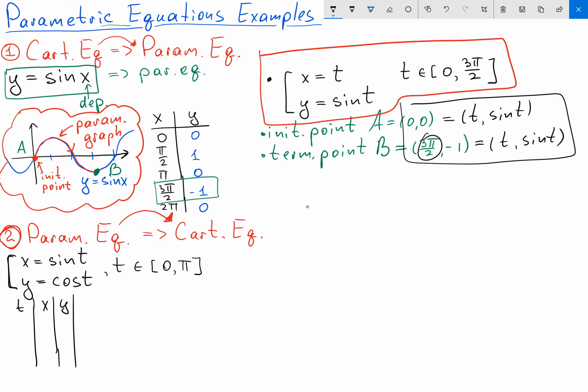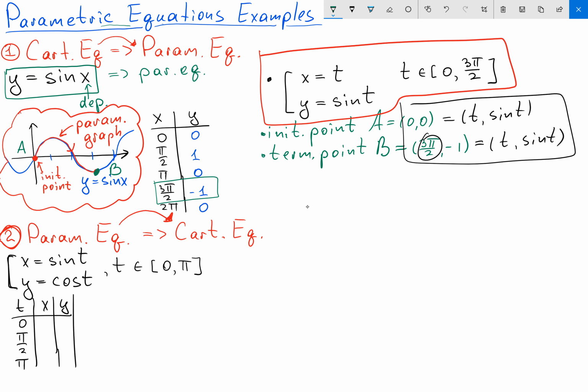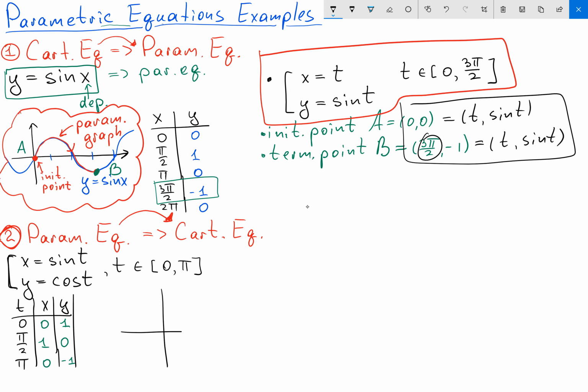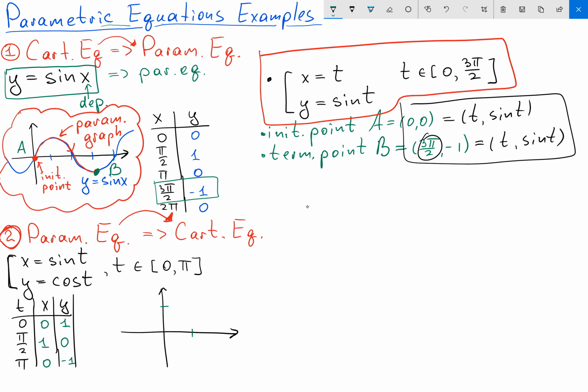Let's say t equals 0, pi over 2, and pi. Sine of 0 is 0, sine of pi over 2 is 1, sine of pi is 0. Cosine of 0 is 1, then 0, and minus 1. So I will have three points: 0, 1, then 1, 0, and 0, minus 1, where the first is my initial point and the last is my terminal point.